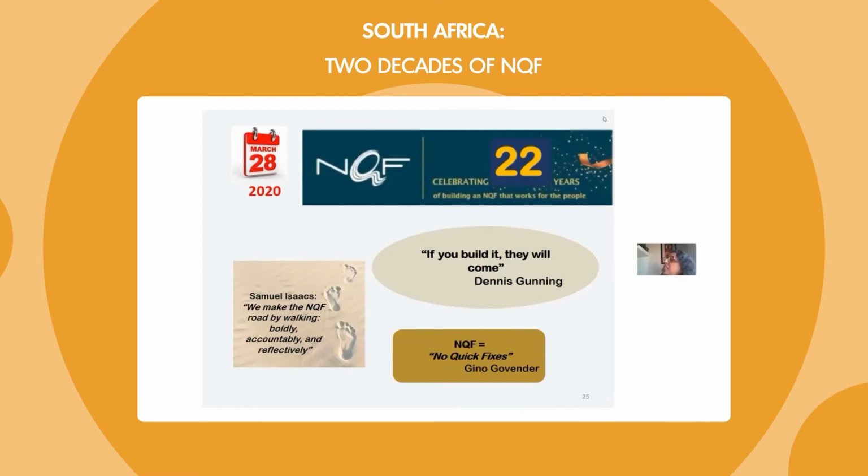One of our critics called it no quick fixes. We have a lot of people who call it a neoliberal construct, and have been very critical of it. So we've had our adversaries, and we like to engage with them and hear them, because sometimes the comment is very constructive. I just want to mention quickly Dennis Gunning.